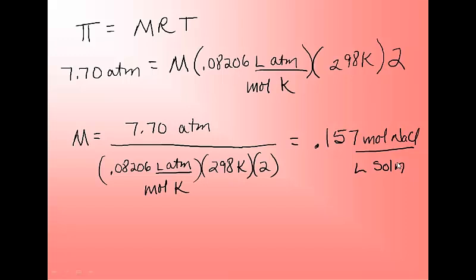This is going to be an isotonic. If you put the red blood cells into a larger concentration, the red blood cells will lose fluid to the sodium chloride solution, and the red blood cells will become crenated.